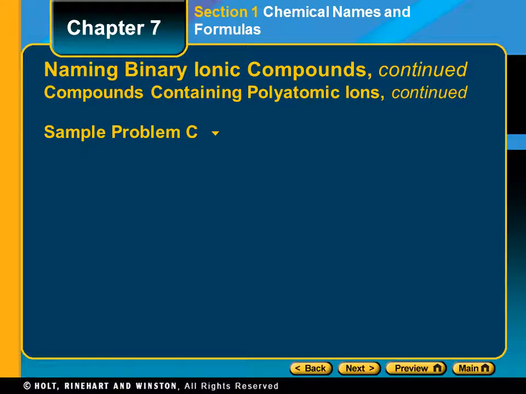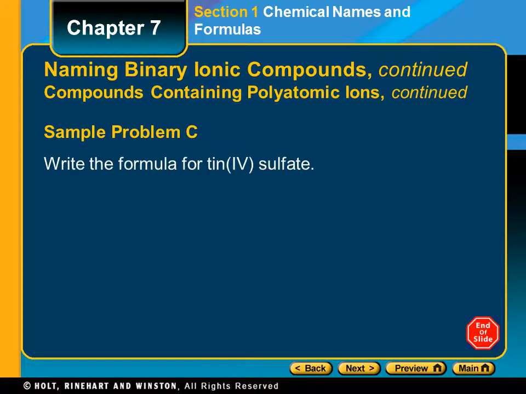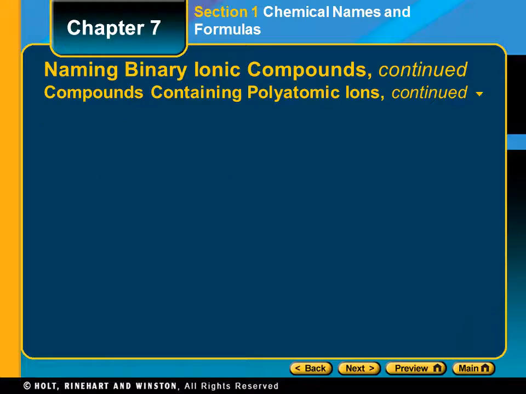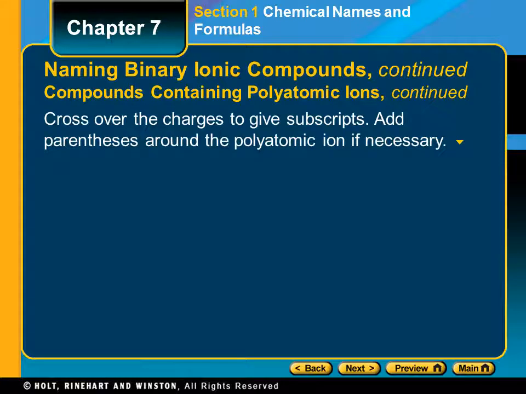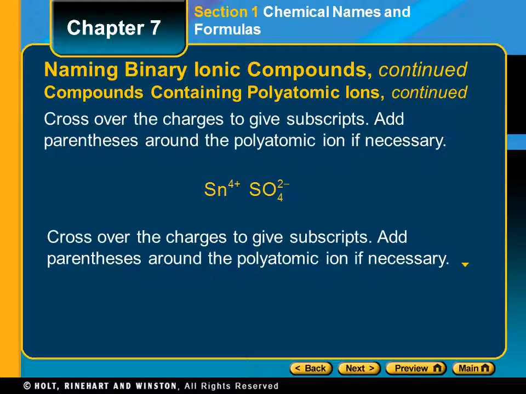So compounds containing polyatomic ions. Another sample problem, write the formula for tin(IV) sulfate. Cross over the charges to give subscripts. Add parentheses around the polyatomic ion if necessary. So this would be Sn4+ and then SO4 -2. Cross over the charges. There's your cross charges. There's your parentheses.